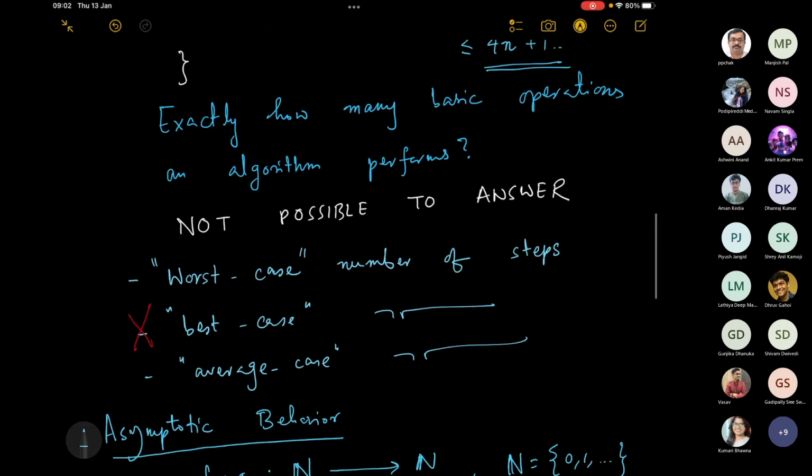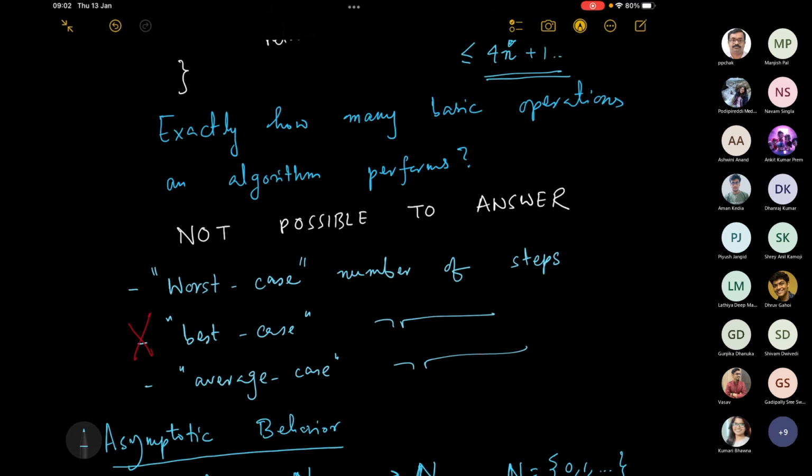But what I have seen most of you miss is which one is better, worst case or best case or average case. It depends on so many things. Even if you fix the problem, fix the algorithm, depending on the application, worst case may be better than average case, or the other way around.